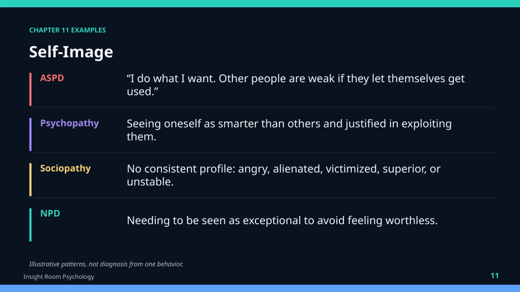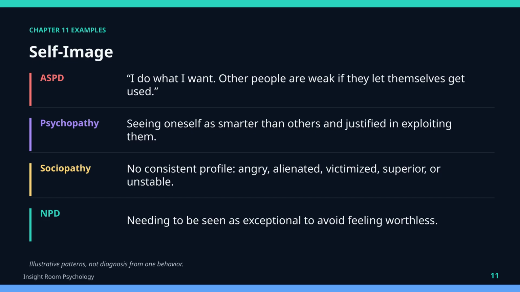With NPD, self-image is central. NPD is heavily organized around grandiosity or vulnerability, superiority or shame, and specialness or inadequacy. For example, someone may need to be seen as exceptional in order to avoid feeling worthless.